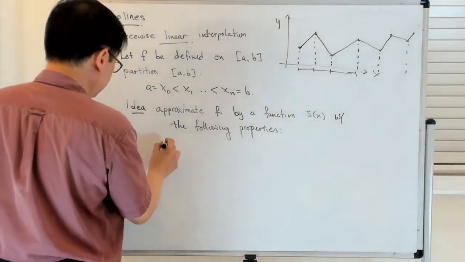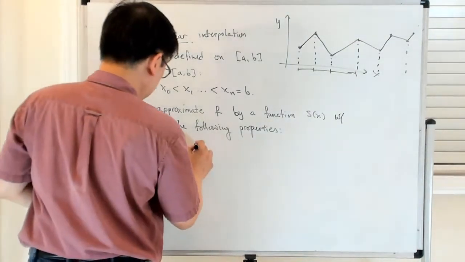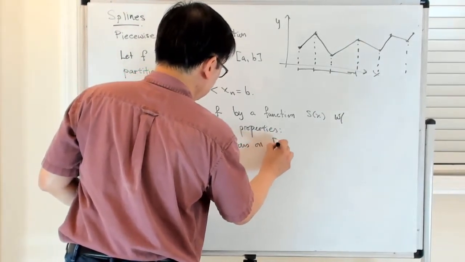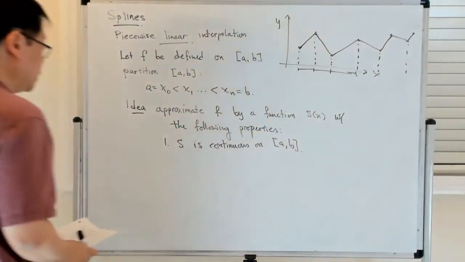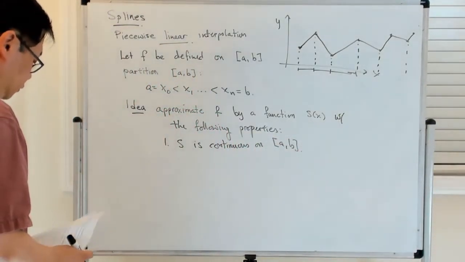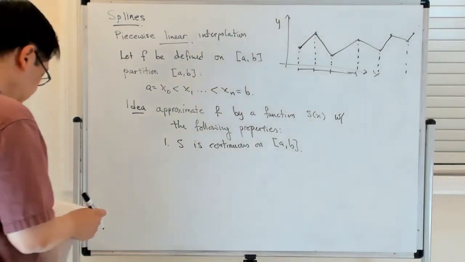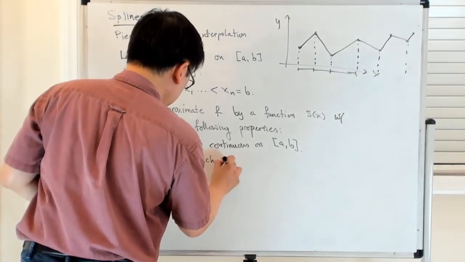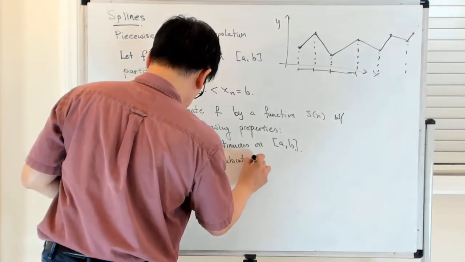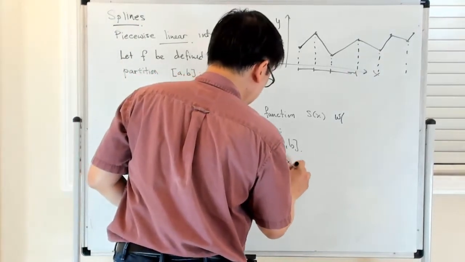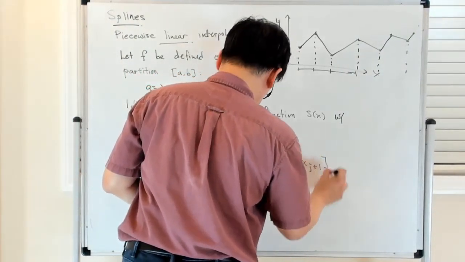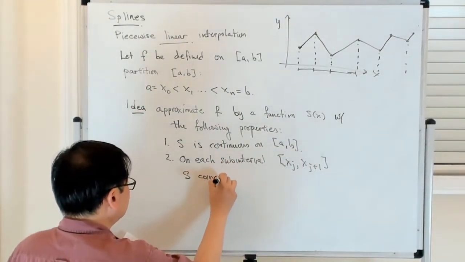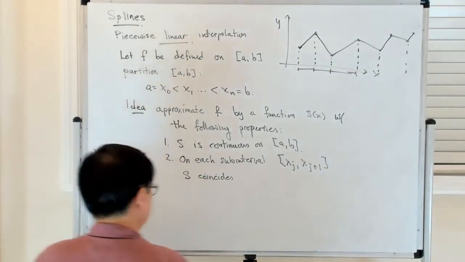Okay, so the first of which is that s is continuous on the interval from a to b. So the next thing you want is that on each subinterval xj to xj plus 1, s coincides with a linear polynomial.